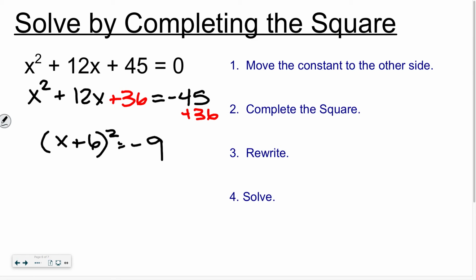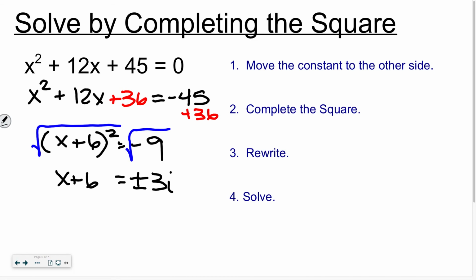When I square root to solve, I'm taking the square root of a negative number, and now I know that my answer is imaginary. I have to put a plus or minus because I'm square rooting to solve. And I'll have x plus 6 over here, and I can actually do the square root of 9.